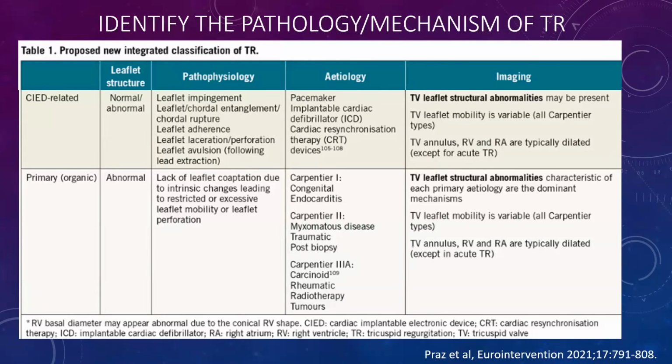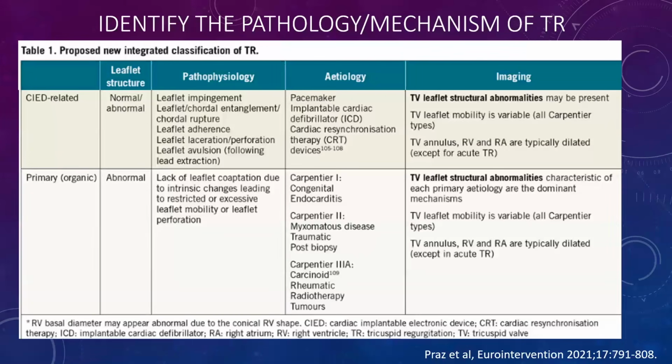On the mitral side, we often talk about primary and secondary. On the tricuspid side, there's also the addition of lead-related tricuspid regurgitation, which is not an insignificant amount of tricuspid regurgitation etiology. The management of that is different, and it impacts the selection of intervention, so it's important to identify if there's involvement from that perspective.